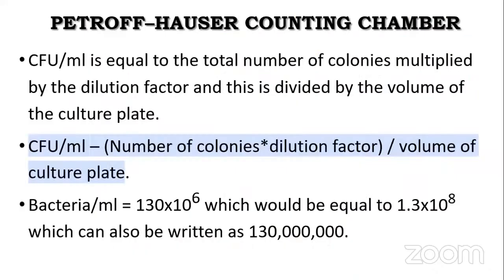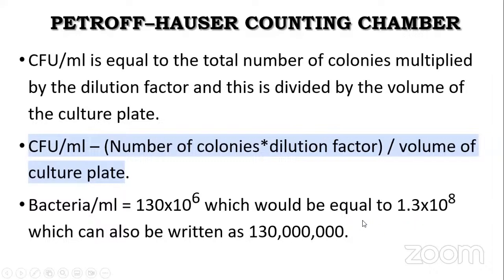Like I said, we can use this formula, which is the colony forming units per mL against the diluting factor. For example, if you have bacteria per mL, such as, let's say, 130 times 10 to the power 6, which is actually including the diluting factor, that will give us this value.